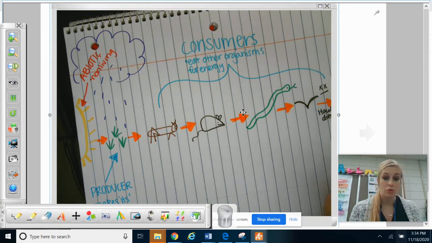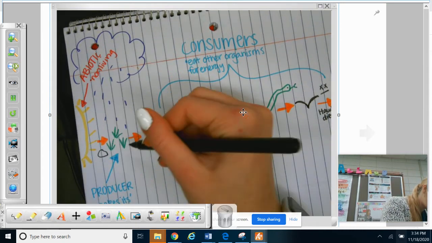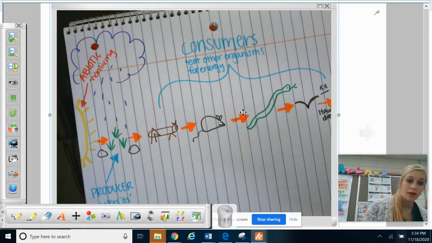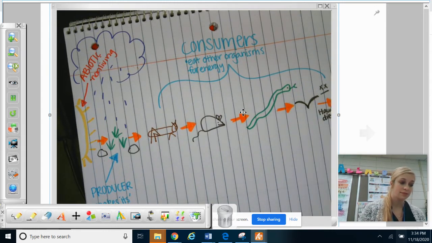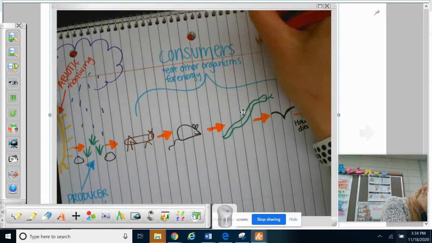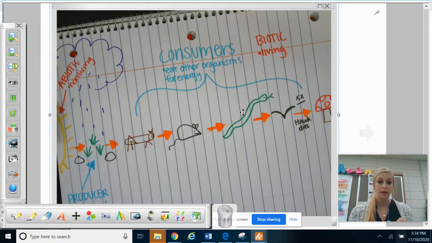If there was some rocks in our grass, that's abiotic. Abiotic means non-living. Everything else is biotic, which means living. Abiotic means non-living. Biotic means living. You just watched a whole video on that, so I'm not going to talk about a whole bunch.